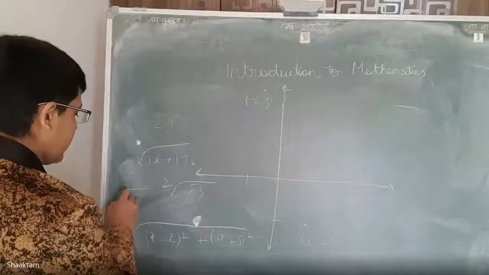So I'll get root of x square minus 4x. After putting it like that, we have one more equation. Like we took (-2, 9) and (x, 0) and wrote the distance formula between those two, and equating them and squaring them, I got the x value.